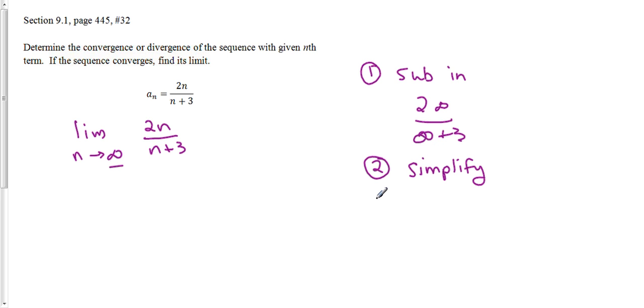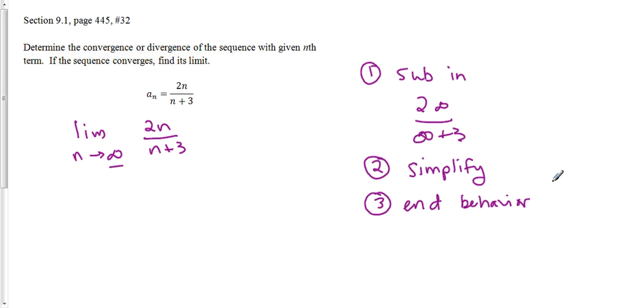Well, the third thing on our list to try when evaluating limits is to look at the end behavior. When we looked at the end behavior model, we assumed that any polynomial really acted like its highest order term. Now 2n is a first order polynomial, so it's going to behave as 2n.